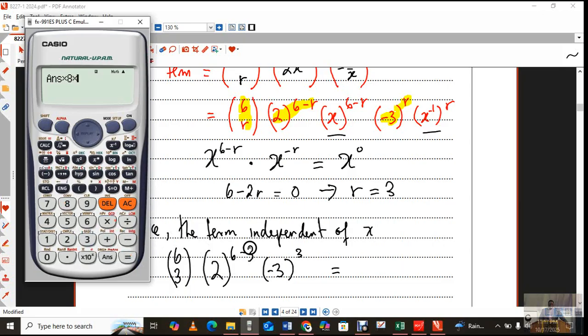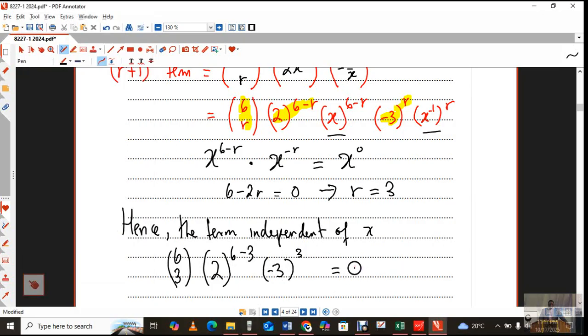And then negative 3 cubed is negative 27. And you have negative 4,320.